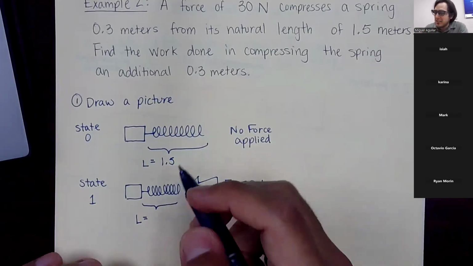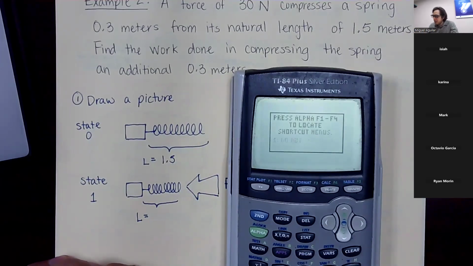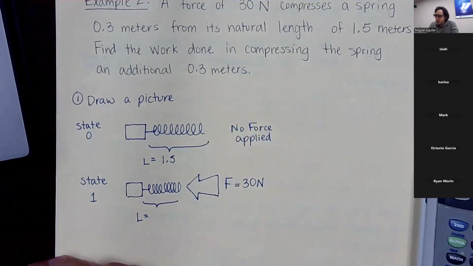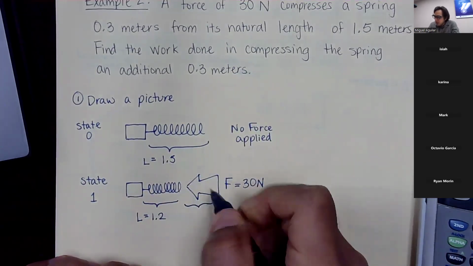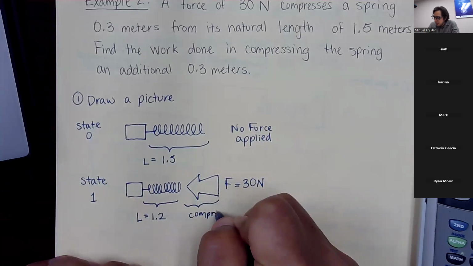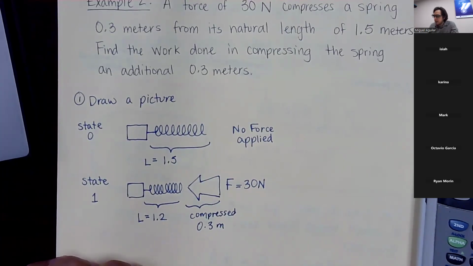So we just need to subtract it. So the new length of the compressed spring should just be the 1.5 minus the 0.3, right? So 1.2. So here, this compression was 0.3 meters. You guys okay with that?